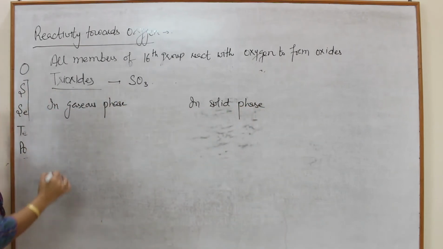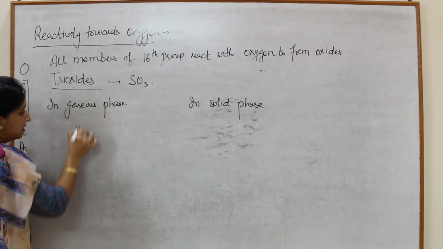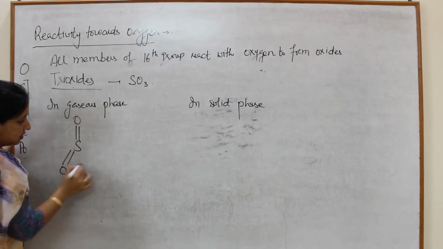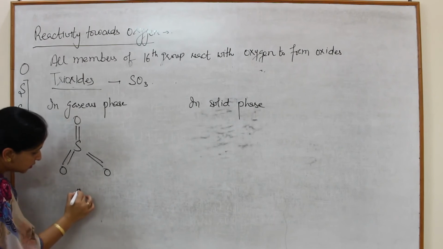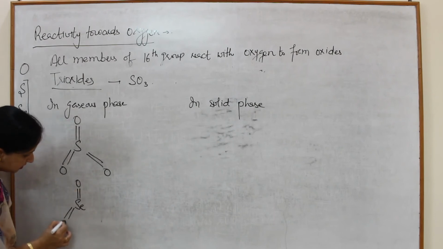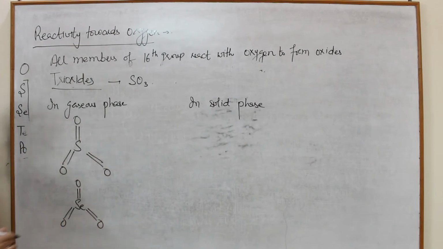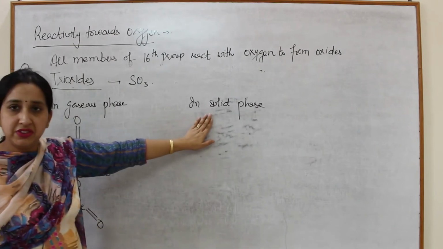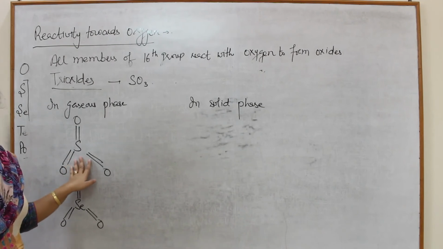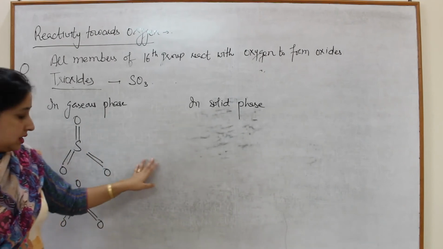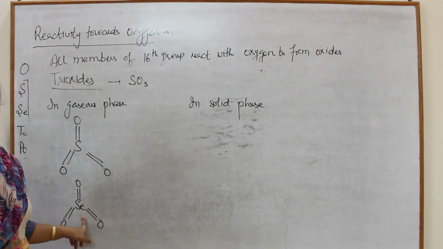In the gaseous phase, sulfur trioxide has this structure. Similarly, selenium trioxide also has this same structure. But in the solid phase, sulfur trioxide exists in the form of a trimer.